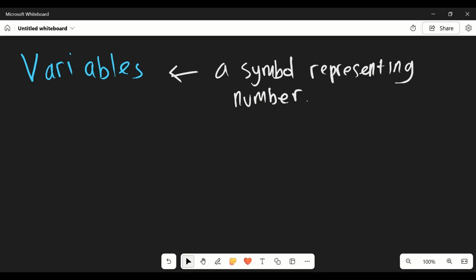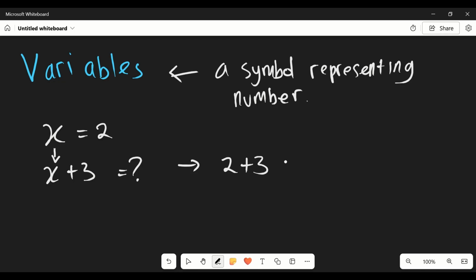For example, if x equals 2, we get x plus 3 equals what? So, we substitute 2 for x, and we get 2 plus 3. What is 2 plus 3? It equals 5. So, variables are placeholders for numbers, nothing more.